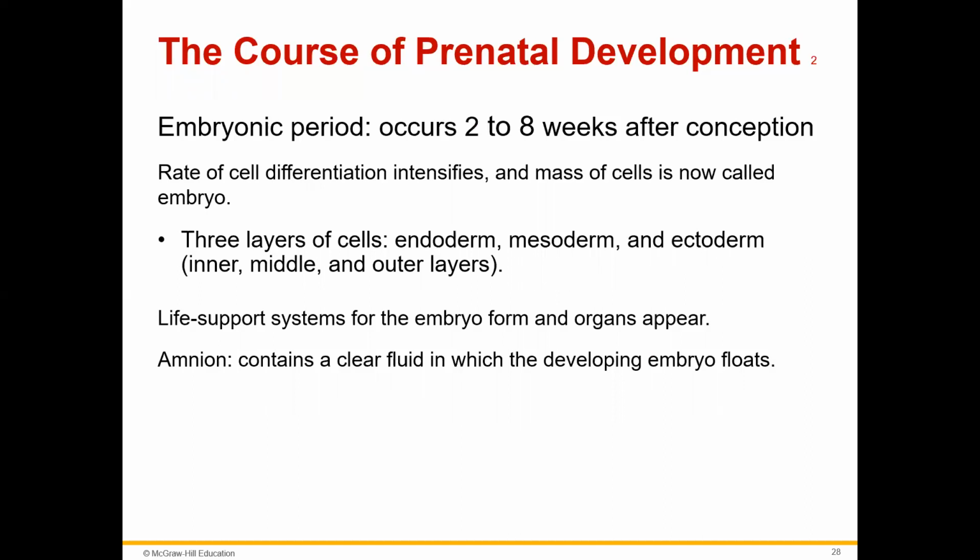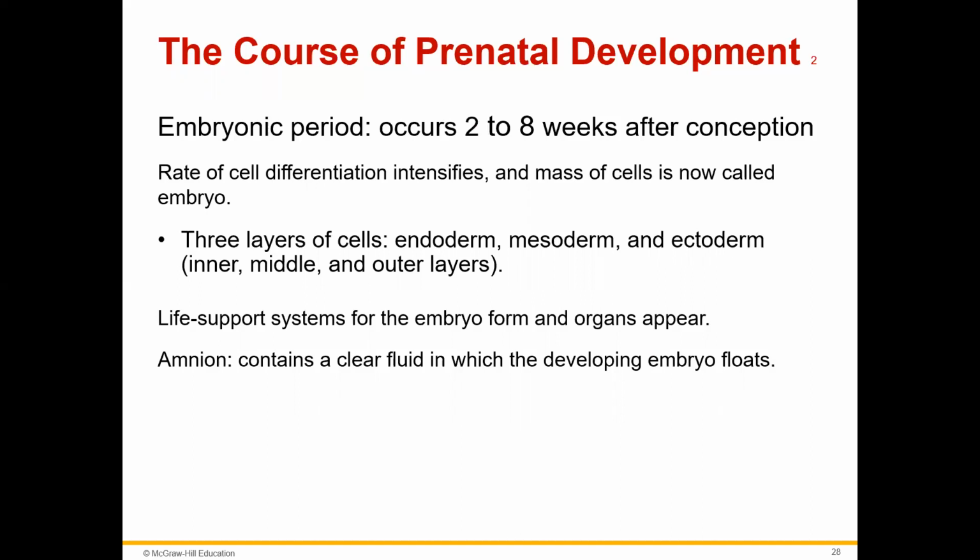They sound similar, ecto, outer. That's how I remember it. This is what's going to become the nervous system of the organism, and also the sensory receptors and skin parts. So it's the outer layer. It ends up becoming your skin, your senses, and once again your nervous system.